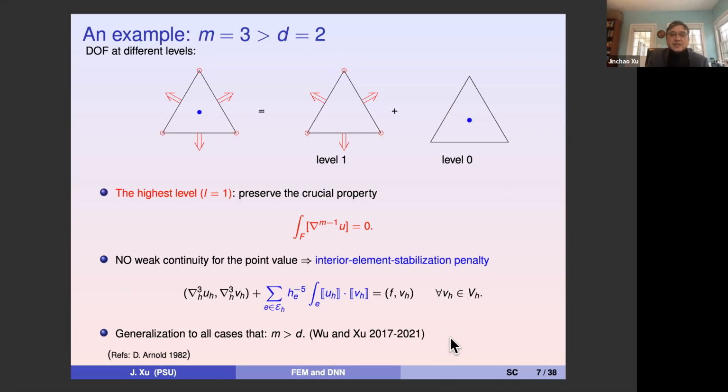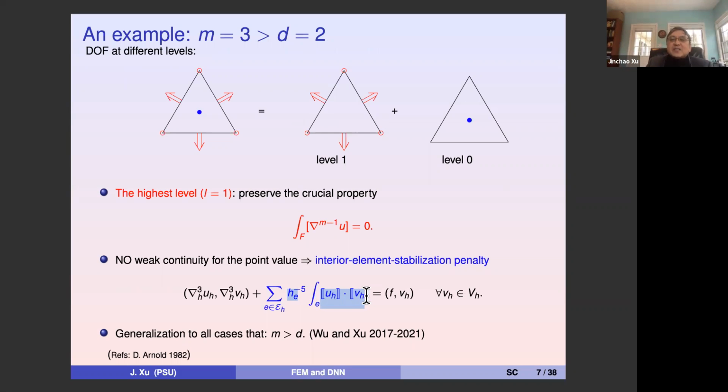And again, for a while, I couldn't do it. Recently, I did this with my former postdoc, now he's a professor in Peking University, Shuo Zhang. Sorry, we're not supposed to have any parameters or any extra stabilization.